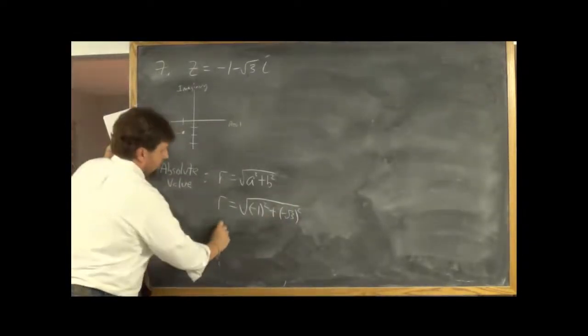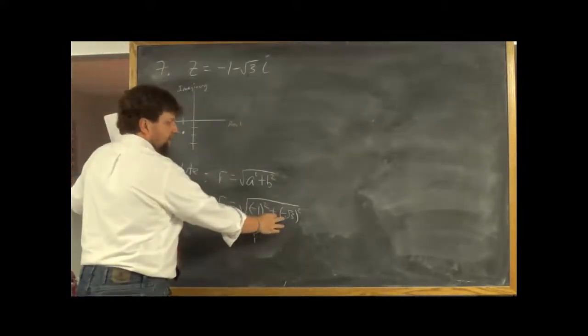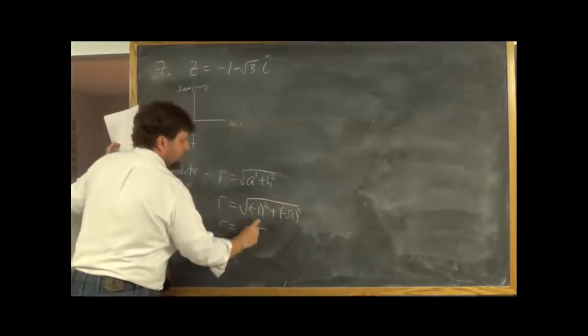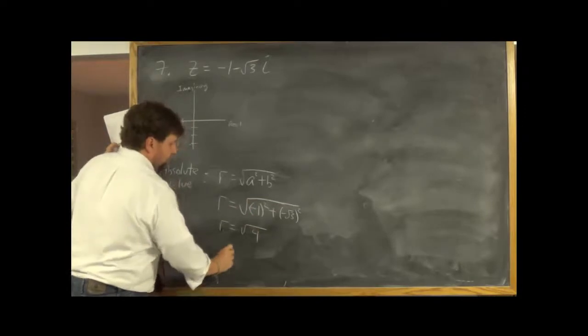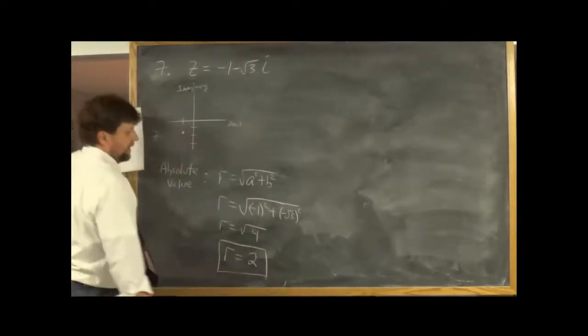Taking -1 squared, that's 1. Negative square root 3 squared is 3. So you have the square root of 1 plus 3, which is 4. So the absolute value is 2.